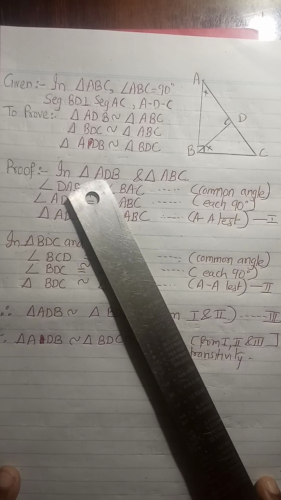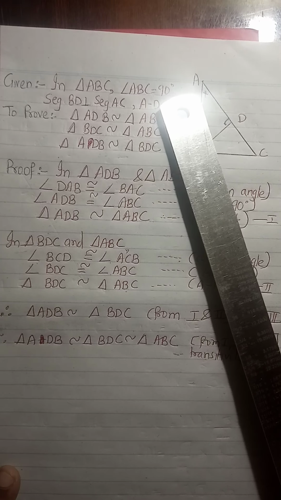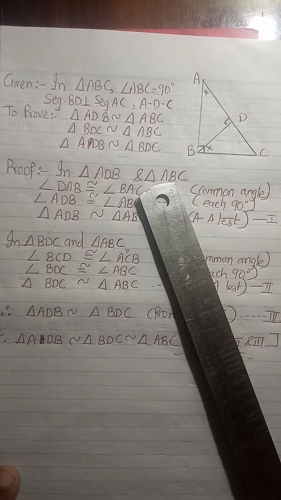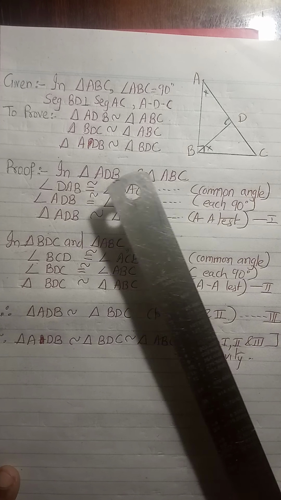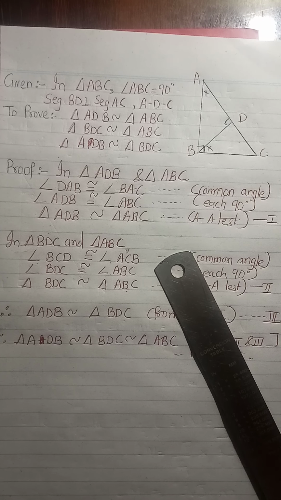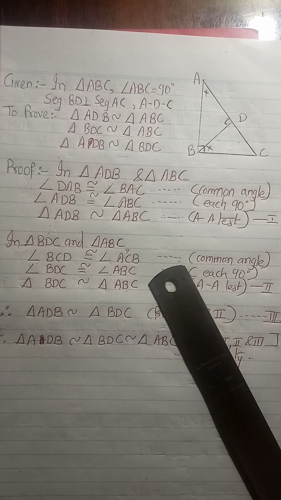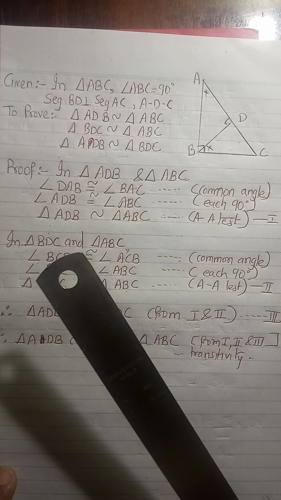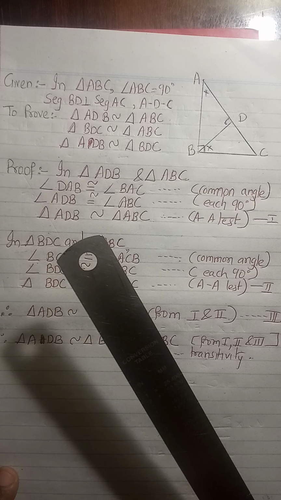Angle A here and angle A there are the same, angle D is 90 degrees and angle B is 90 degrees, and then angle B and angle C. So the common angle is there and the remaining two angles match the other two remaining angles. We call it one-to-one correspondence.